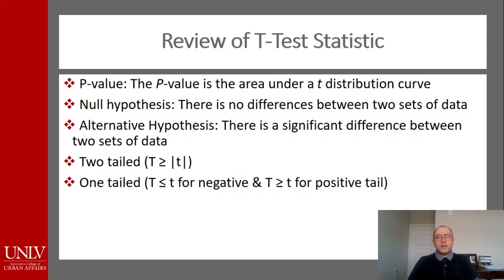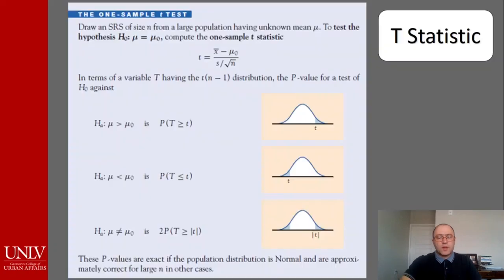And by applying the t-test statistic, we need to find the probability value or p-value. If our p-value is lower than a certain amount, we can decide there is a significant relationship. The p-value is the area under the t-distribution curve.